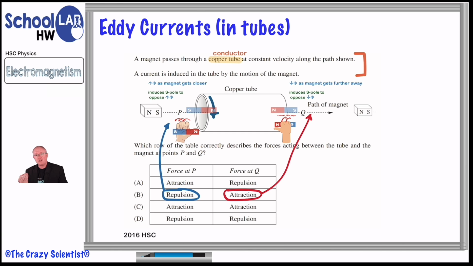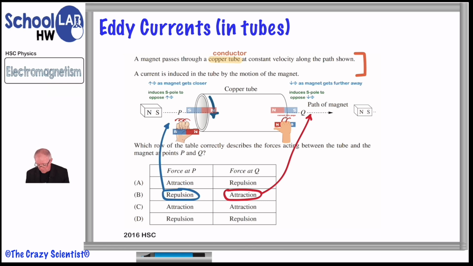Then as the magnet gets closer, we experience a change in flux, Faraday's law, which will induce an EMF in the conductor that will cause a current to flow in a certain direction. That current is called an eddy current. The direction of that eddy current will be, according to Lenz's law, in a direction that will create a field to oppose the change that created it, right?